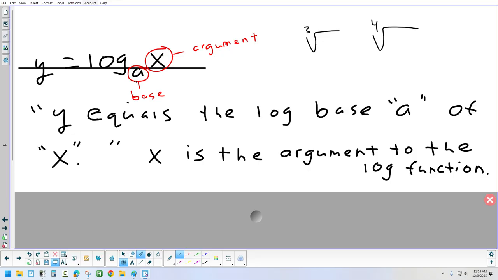You can do a base of 4. You can do a base of 5. You can do a base of 6. You can basically put any number you want in for the base. It has to be positive. So any question just on how to write that or how to pronounce it?